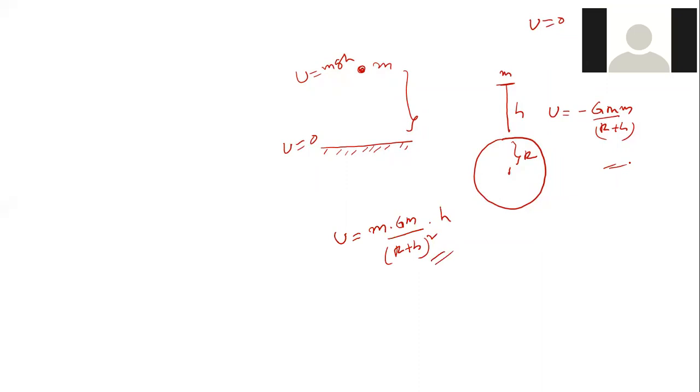No, they are not looking the same, right? The place of small g, we wrote GM by R plus h whole square, so GMm by R plus h whole square into h is coming. So what should I do?